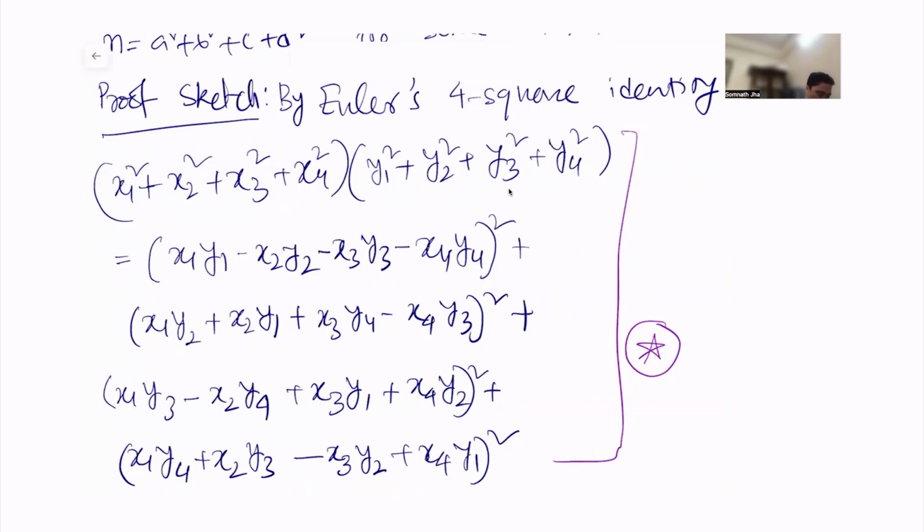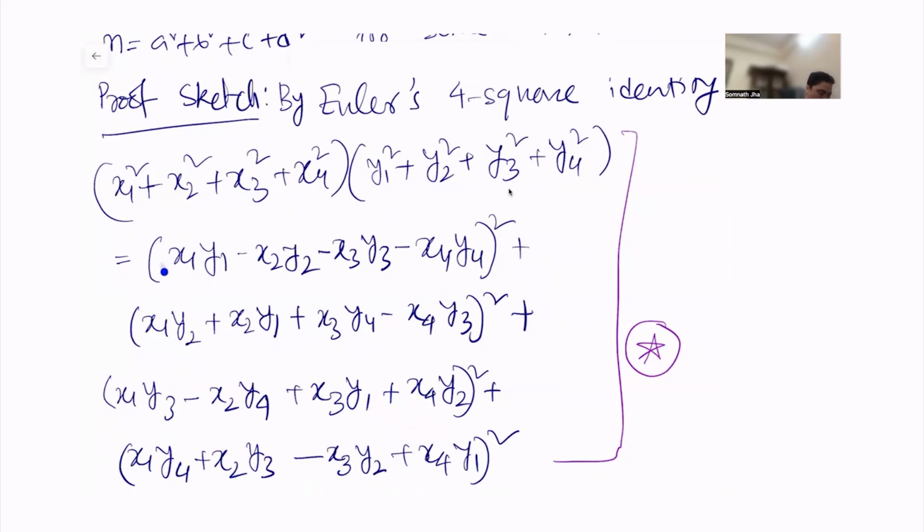The first one is x1 y1 minus x2 y2 minus x3 y3 minus x4 y4, and the second one is x1 y2 plus x2 y1 plus x3 y4 minus x4 y3. Then x1 y3 minus x2 y4 plus x3 y1 plus x4 y2, and x1 y4 plus x2 y3 minus x3 y2 plus x4 y1.